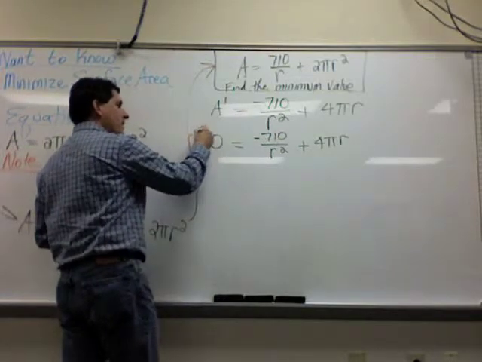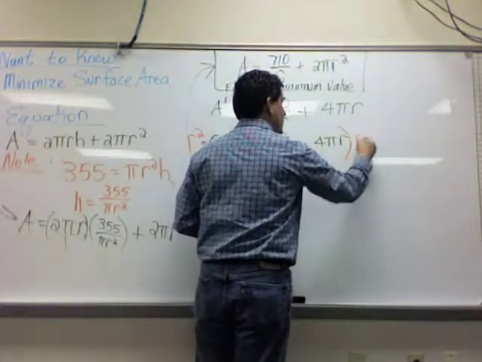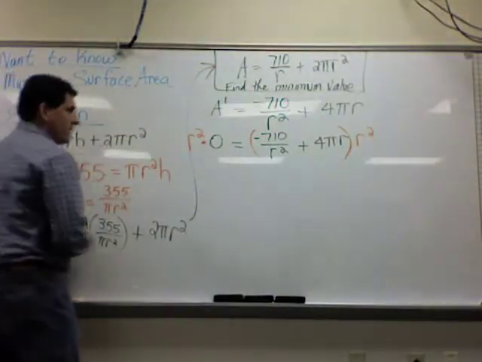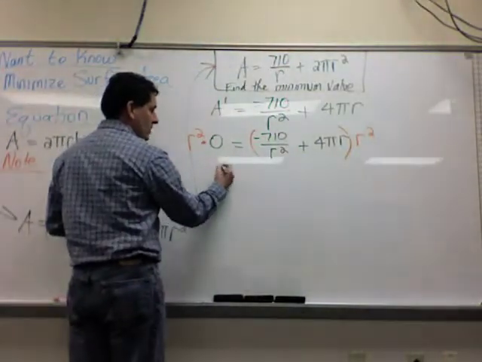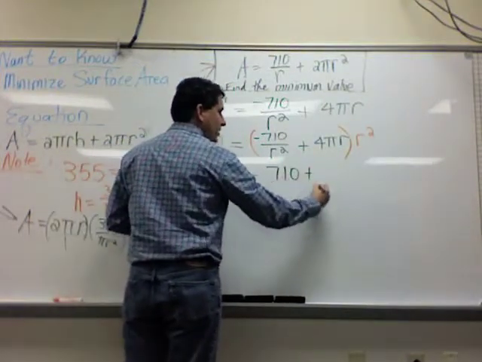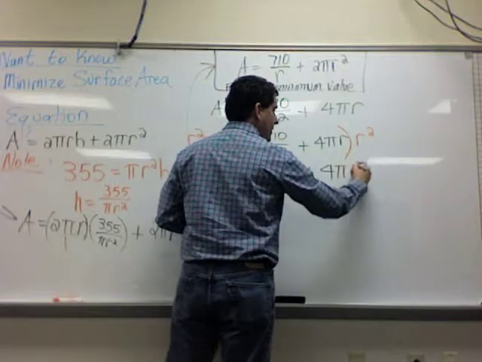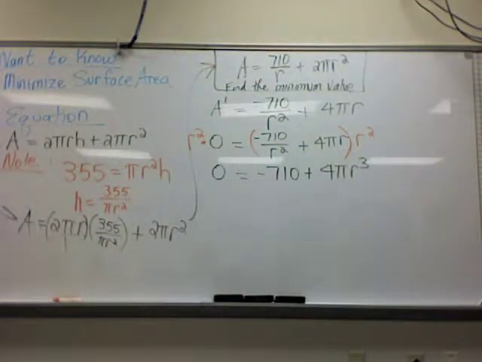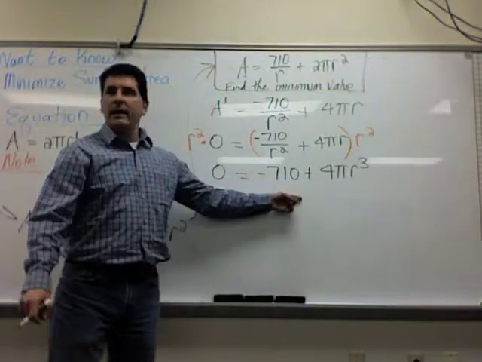So the trick here is we're going to multiply both sides by R squared. By doing that, we simplify the equation. 0 is equal to -710 plus 4 pi R cubed. Now you get it.